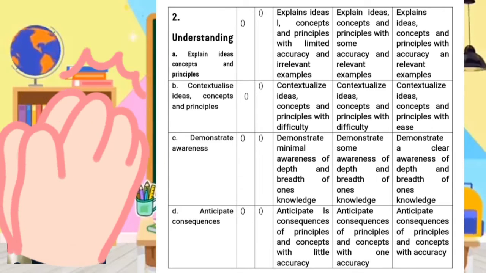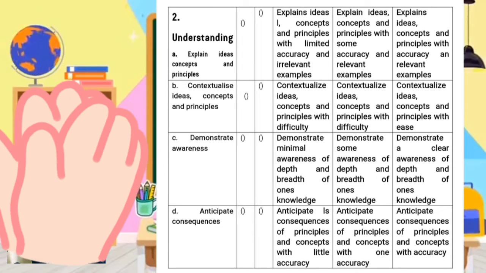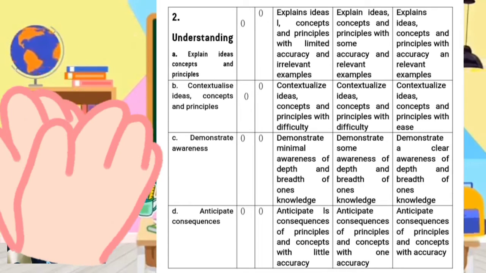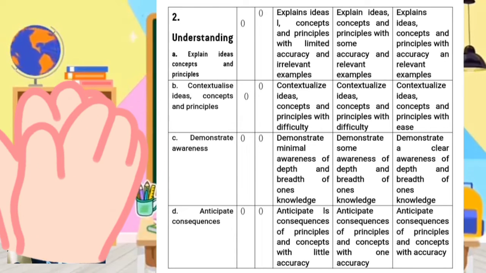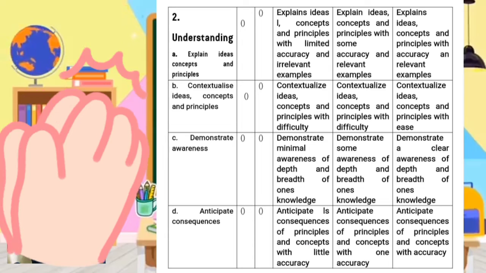Next is contextualizes ideas, concepts, and principles. So, contextualizes ideas, concepts, and principles with difficulty. Contextualizes ideas, concepts, and principles with some difficulty. Same. So, contextualizes ideas, concepts, and principles with ease.